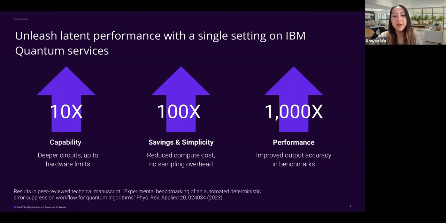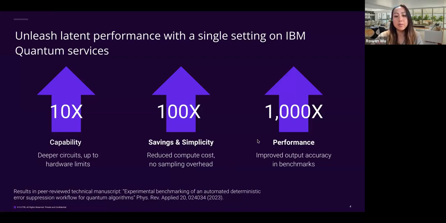There's no sampling overhead, which means that users can get all of the benefits without having to do expensive post-processing. There's much improved overall time in reaching the correct answer with a high level of confidence.